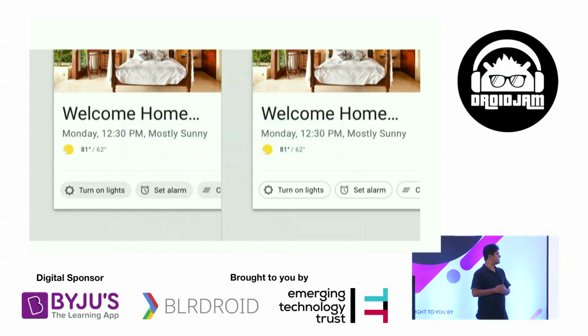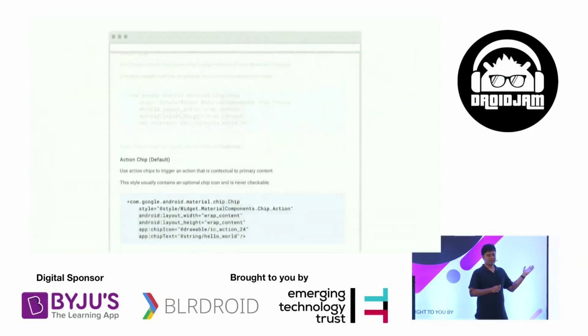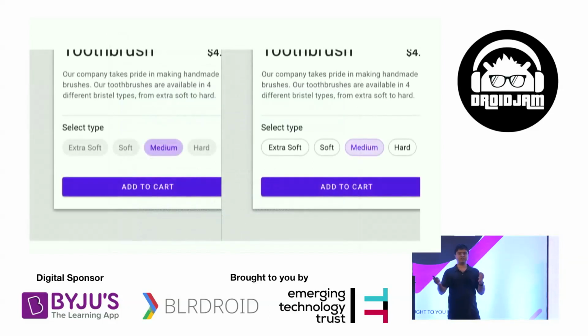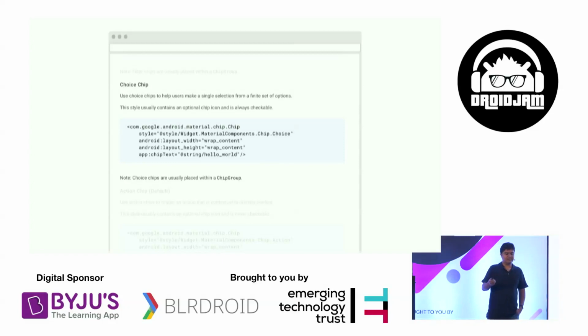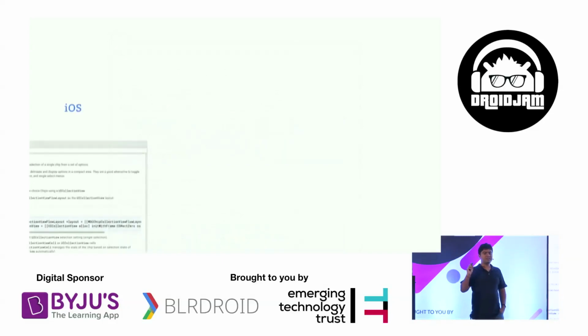This is an action chip. And again, this is also there in the developer doc. And finally, this is a choice chip, where you can select one of many chips. And you might expect this now. It's also there in the documentation. Now, this is all great, right? As an Android developer, it's very easy for us to implement this. But what's great is the same choice chip exists in iOS as well, right?